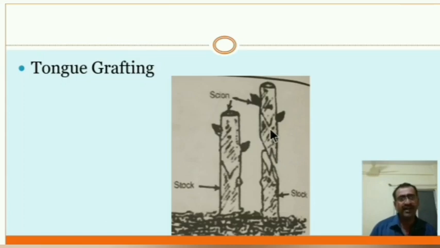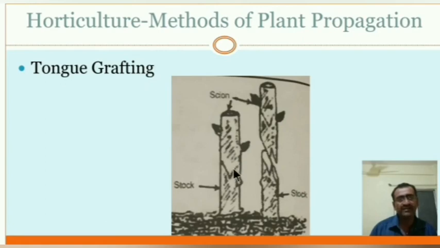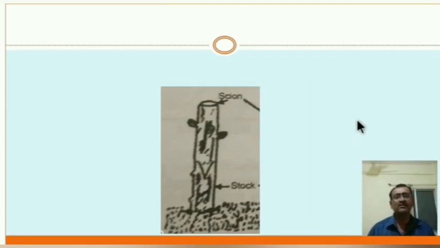Here also a tongue-shaped cut is taken, and the scion of one plant is inserted into the stalk. In this way they are combined together. Again threading is done, and after a few days, the plant grows as a whole plant. This is known as tongue grafting, because the cut looks like a tongue.